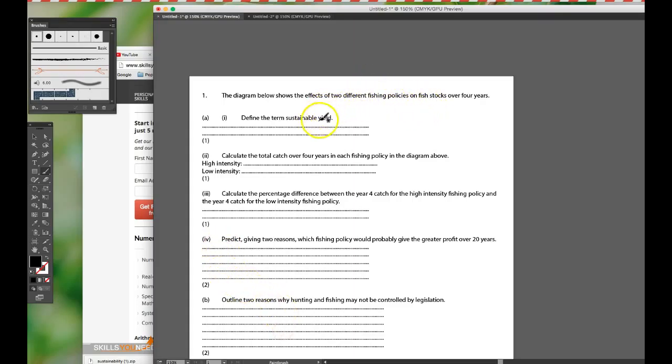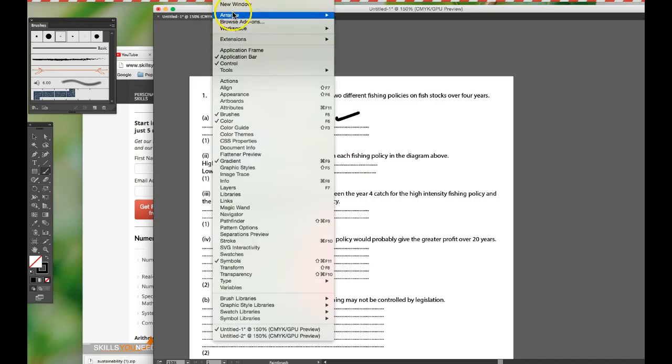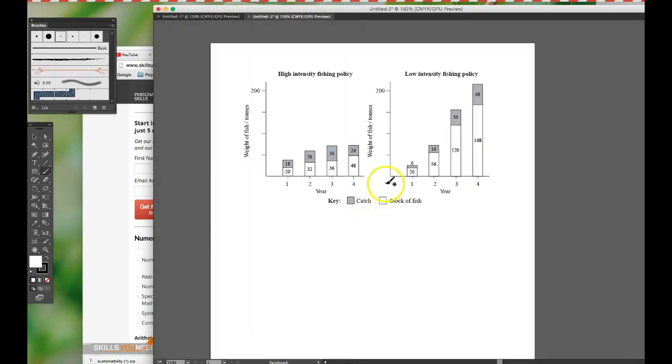First of all, define the term sustainable yield. So this is a simple definition, which you can easily do. Then the next question, calculate the total catch over 4 years in each policy. So the total catch, we'll go back to here, in each year.